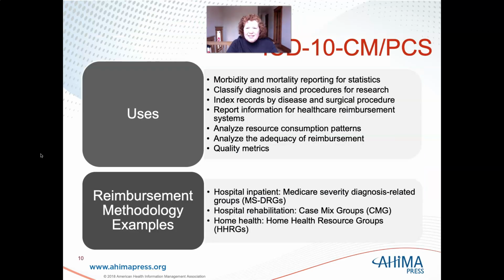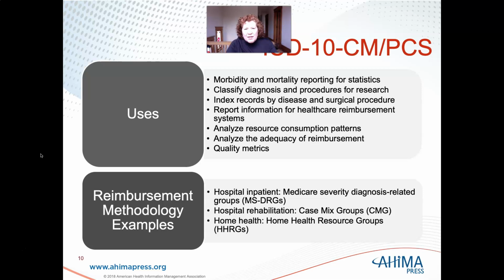All right, ICD-10-CM and PCS, what are the uses? Why did they develop it? Well, it's for morbidity and mortality reporting for statistics. ICD-9 was not as specific as it needed to be, and they were running out of ways to expand it, to add new technology, new procedures, new diagnoses, new syndromes that had been identified over time.